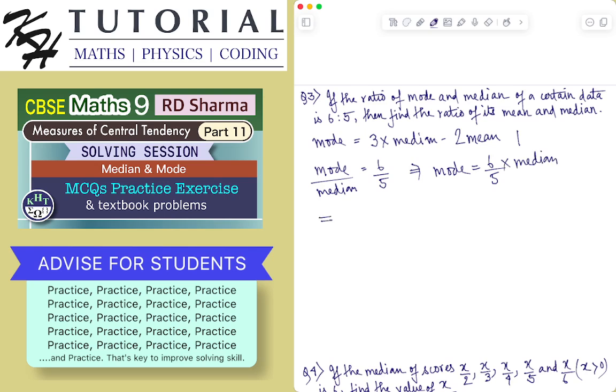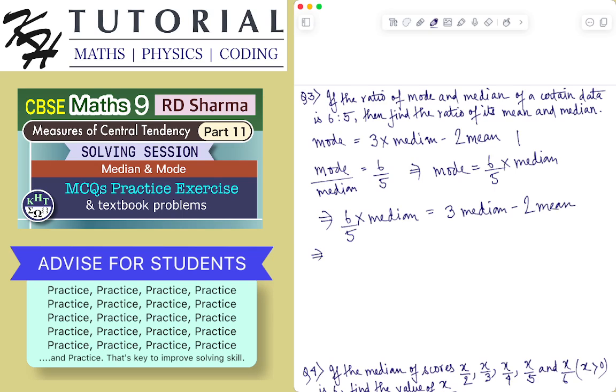This implies if I use the empirical formula, mode equals 3 times median minus 2 mean, in the mode I will write 6/5 multiplied by median is equal to 3 times median minus 2 times mean. Okay.